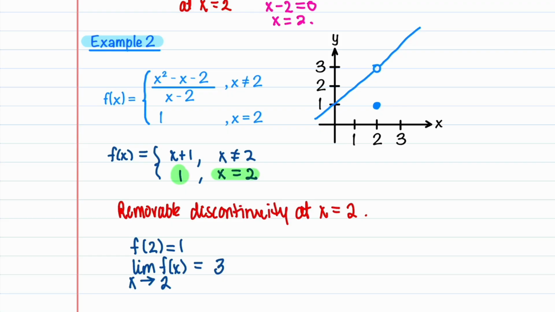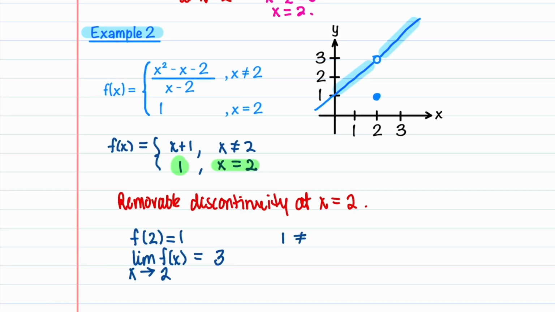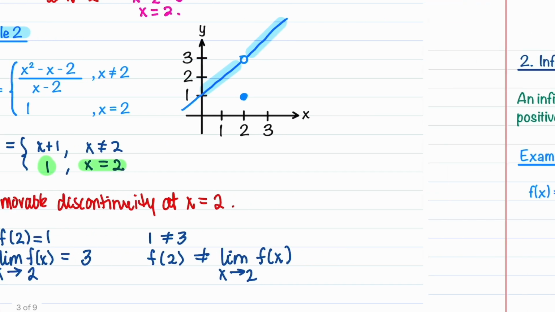We can see that up here on our graph as we go from the left and from the right, we arrive at a value of 3. Notice that 1 is not equal to 3, so f of 2 is not equal to our limit as x approaches 2 of f of x. And our function is not continuous at x is equal to 2.